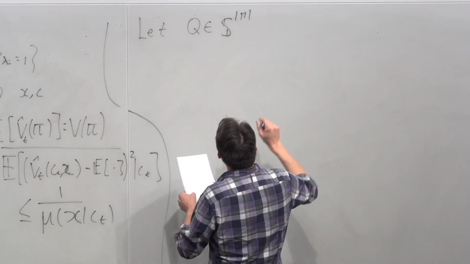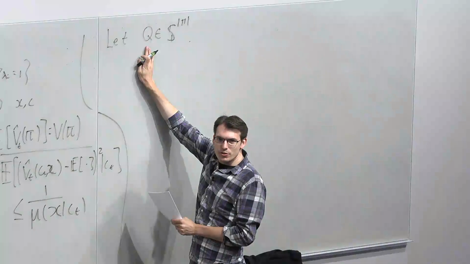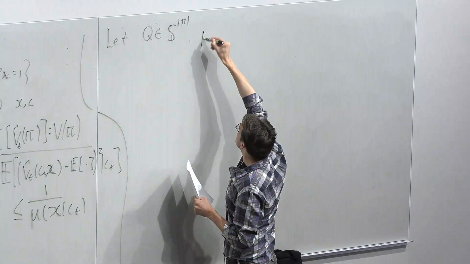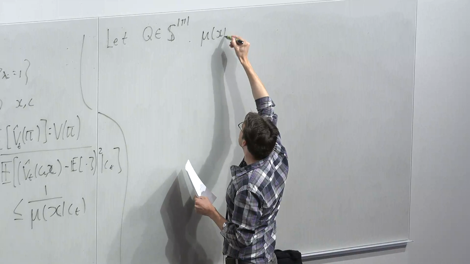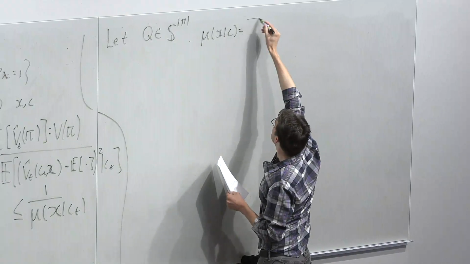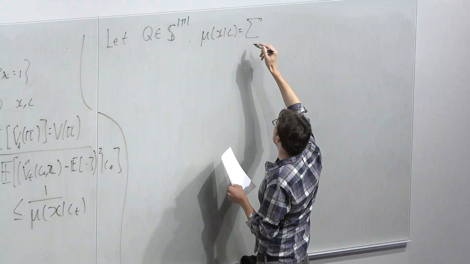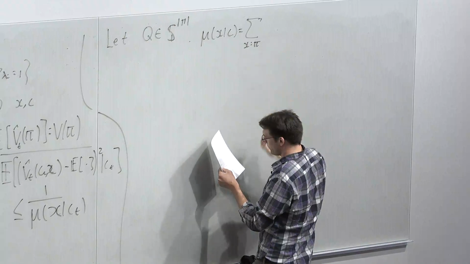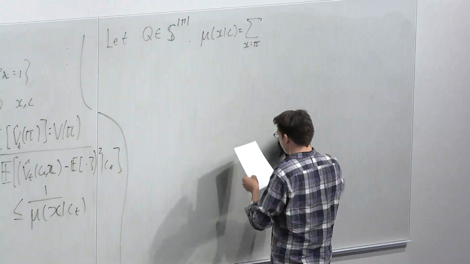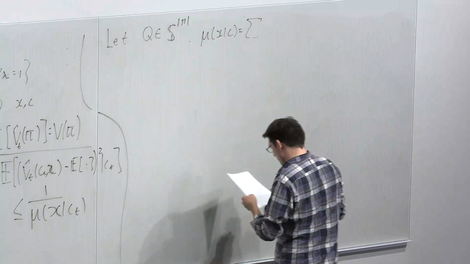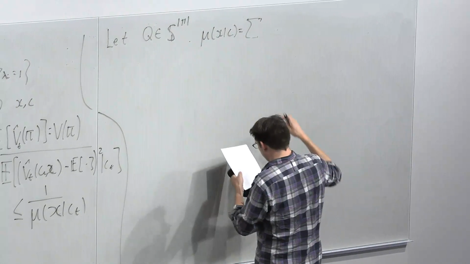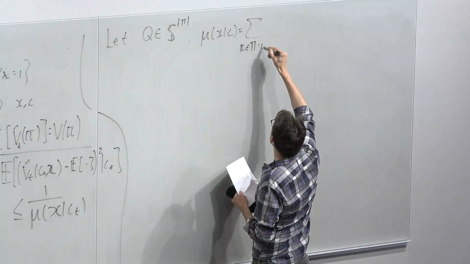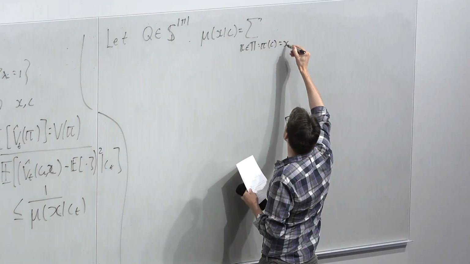And now, for any fixed distribution Q, when you play at each time, you're going to define mu of x given c as equal to the probability, under Q, of the policies pi in big Pi such that pi of c is equal to x.